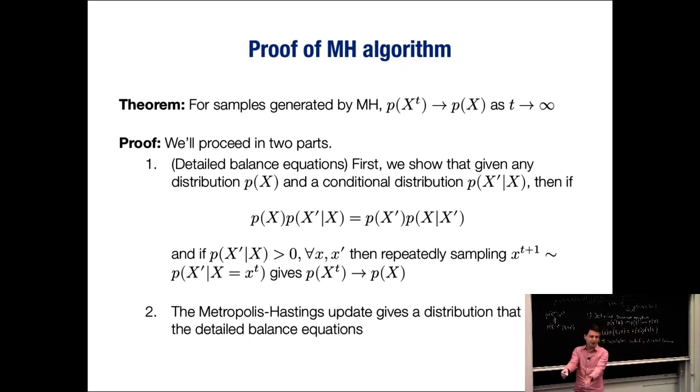So, the first part is a general property that holds, and the second part is that these updates also satisfy their properties. Therefore, when you iterate these updates, you get samples from the distribution. So those are the two parts of the proof.